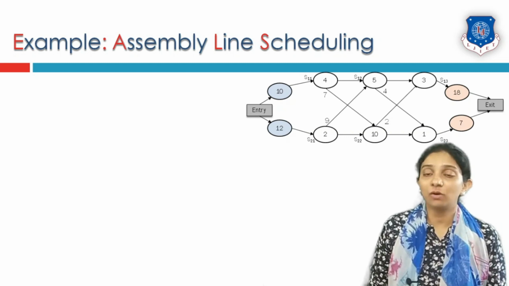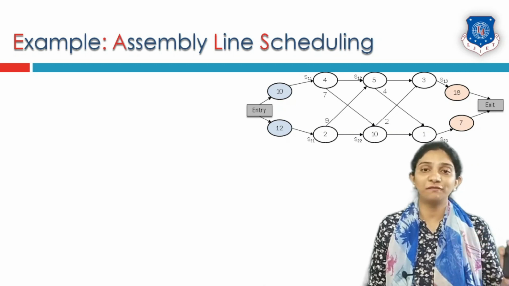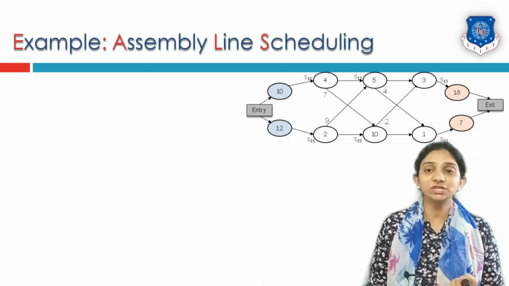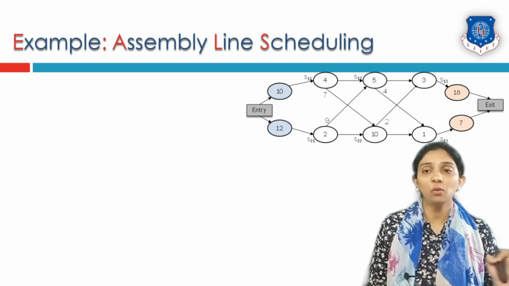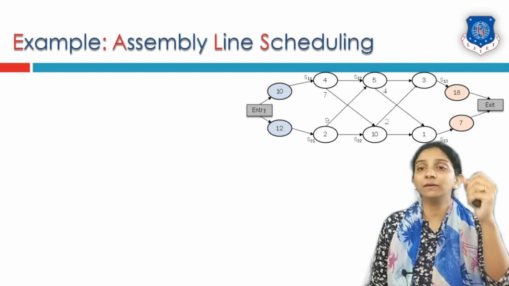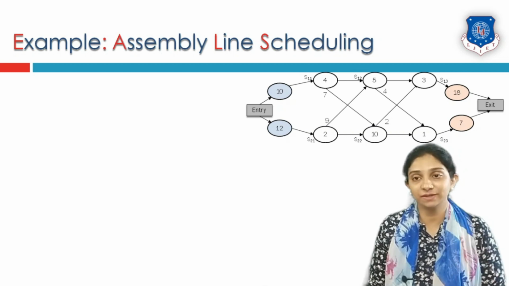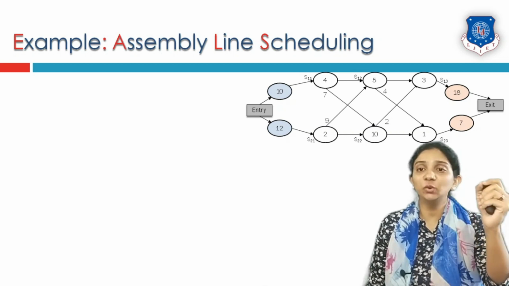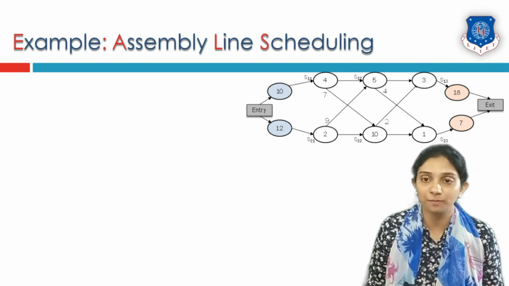Now, the stations of line 1 take times 4, 5 and 3, and the stations of line 2 take times 2, 10 and 1 respectively. The transfer cost from station 1 of line 1 to the second station of line 2 is 7, and from station 2 of line 1 to station 3 of line 2 is 4.